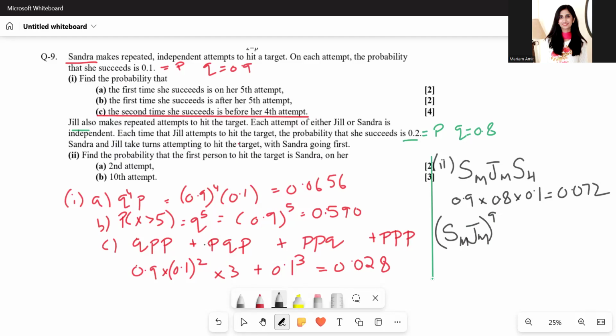And on the 10th attempt, Sandra hits the target. Sandra missing the target is 0.9. Probability that Jill misses the target is 0.8, power 9, times probability of success for Sandra, which is 0.1, which gives us 0.0052.